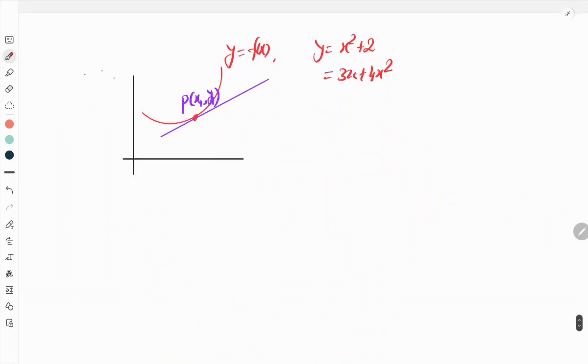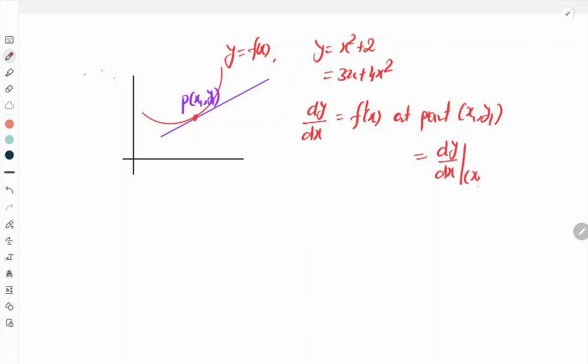So first you have to find dy by dx, that is f dash x at the point (x1, y1). That is also represented by dy by dx at the point (x1, y1), which is equal to f dash x at the point (x1, y1), correct or not?